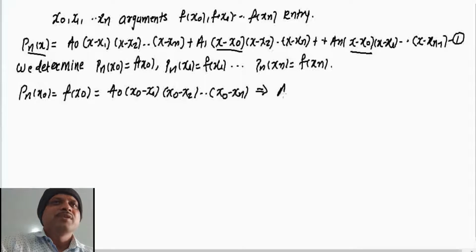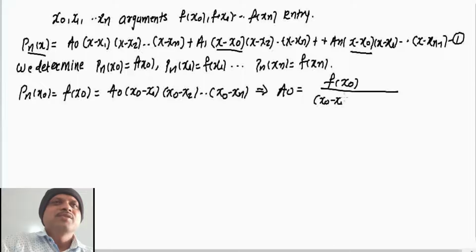From this we easily find that a0 equals f of x0 divided by (x0 minus x1)(x0 minus x2)...(x0 minus xn).